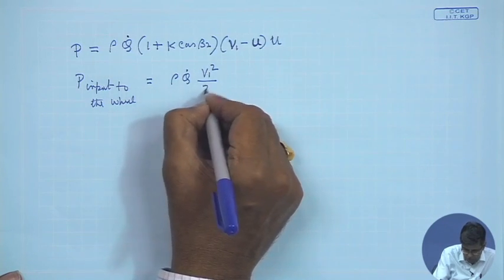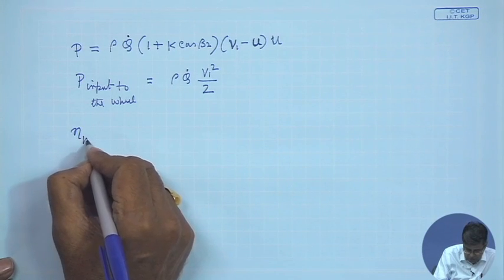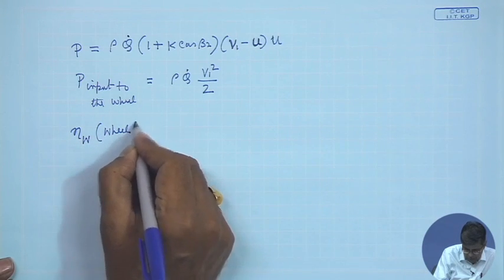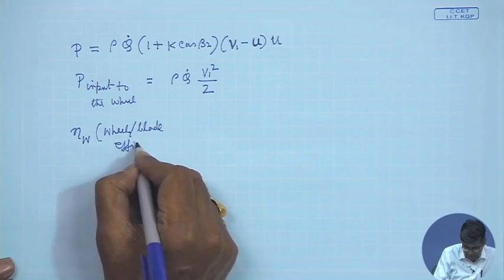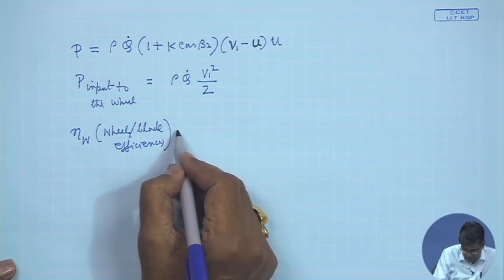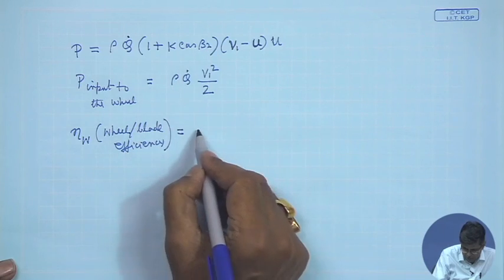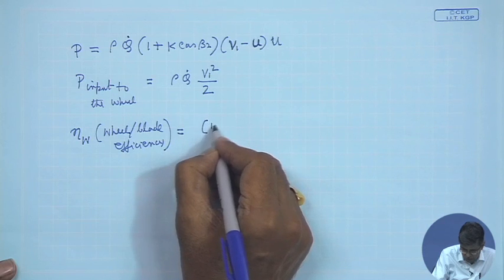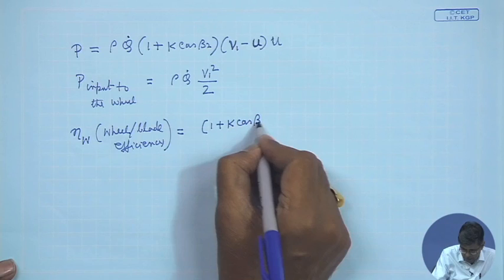square by 2. So, we define in this context an efficiency known as wheel efficiency or blade efficiency of the Pelton wheel. That means, it is the efficiency in converting this kinetic energy into the power developed by the rotor. If you divide this, then you get 1 plus k cos beta 2.